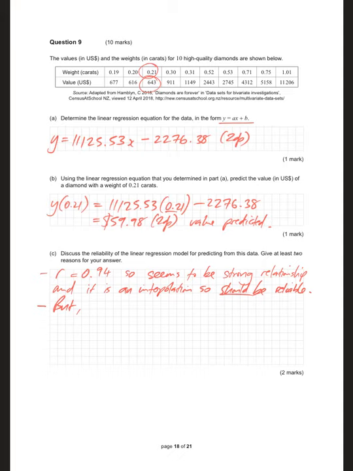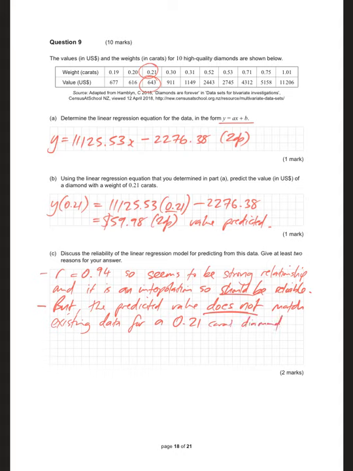The predicted value does not match existing data for a 0.21 carat diamond. So it may not be reliable.